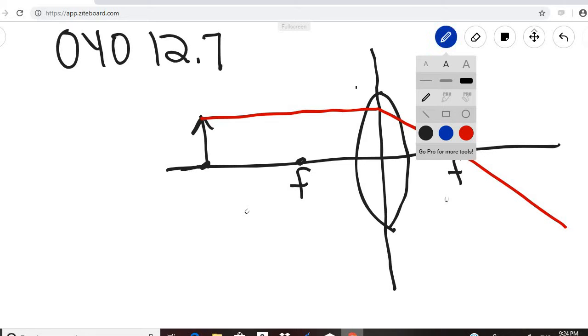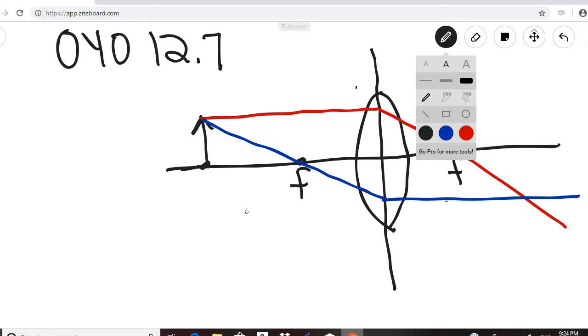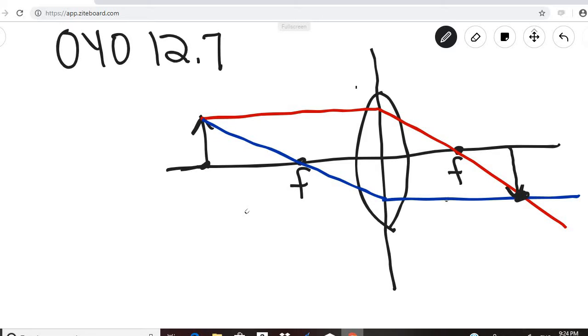And then the other one is going to go in through the focal point until it hits the center of the lens, and then it's going to exit horizontally. So these two will intersect right there. Okay, this is the bottom, so this is the top. So our object is going to be like this. So it's upside down, so it's inverted.